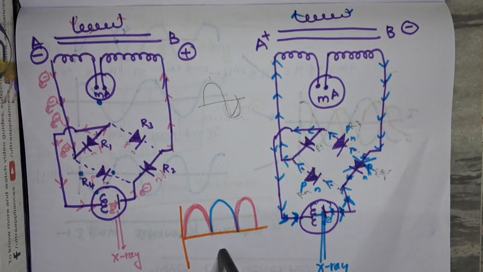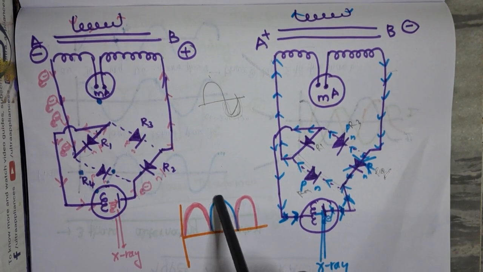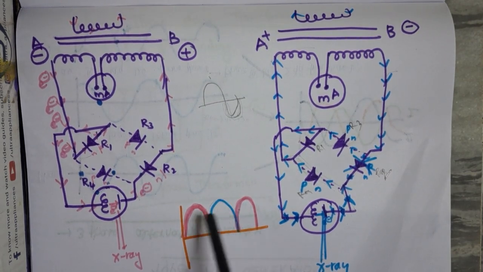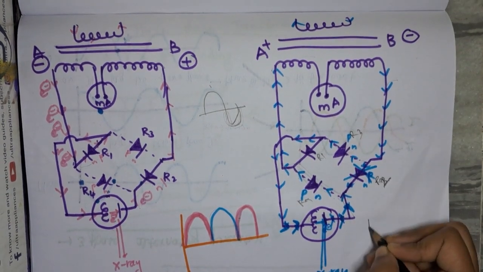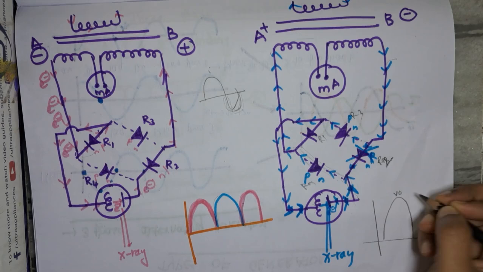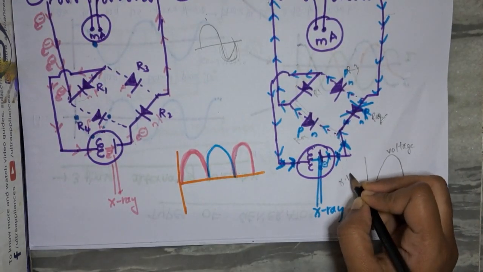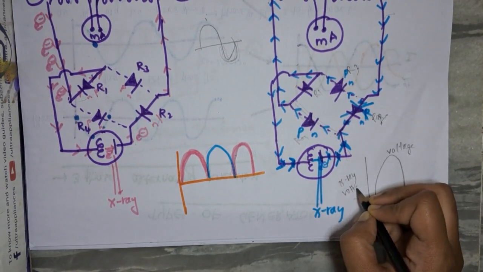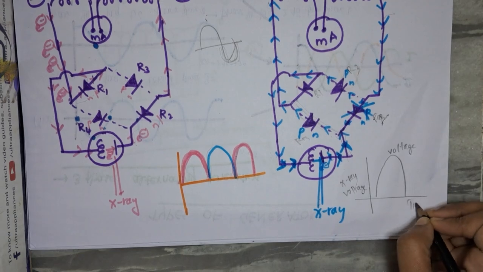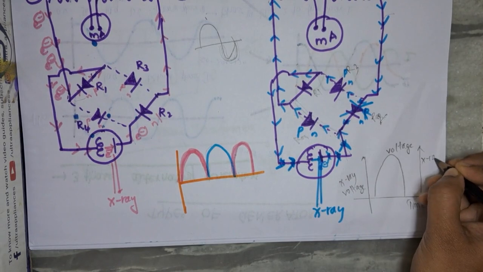But still the main problem here is that the X-rays will start from 0, become maximum, and again become 0. Again they will increase, then again they will decrease. So in this half of the cycle, if this is the voltage produced, I am drawing a curve with X-ray tube voltage and time, and on this side I am drawing X-ray intensity.